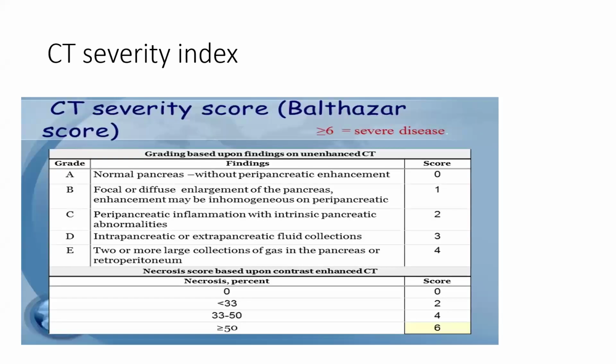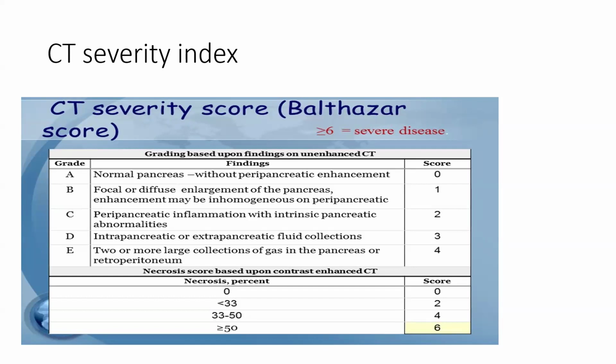Now the next is the CT severity index. Based on the CT abdomen, we grade the severity of this pancreatitis. If it is a normal pancreas without peripancreatic enhancement, then the CT severity score is 0. If there is focal or diffuse enlargement of the pancreas, then it is 1.